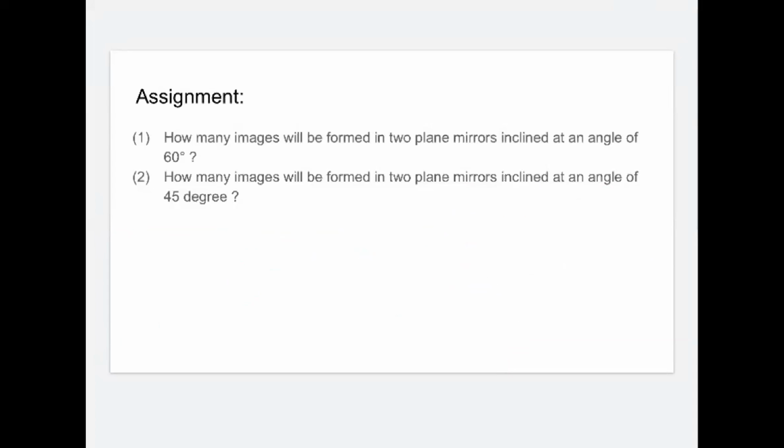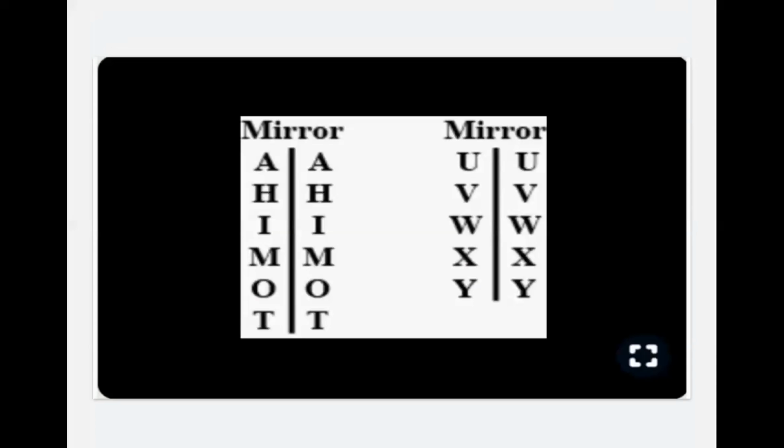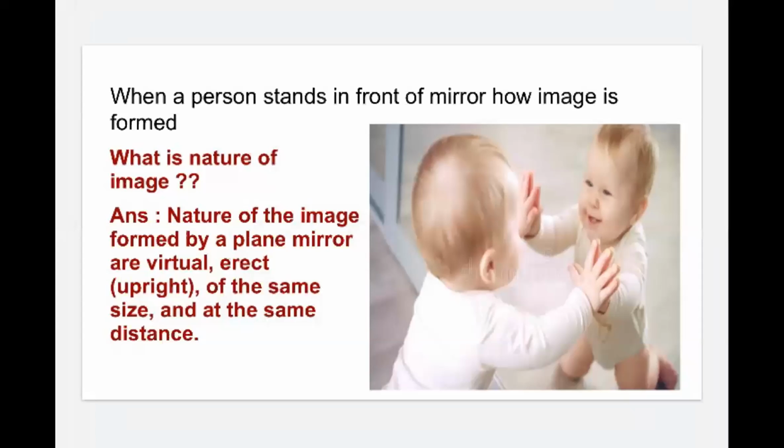So students, we will have a quick recap of what we studied in today's lecture. In today's lecture, we studied the nature of the image of a person standing in front of a plane mirror.